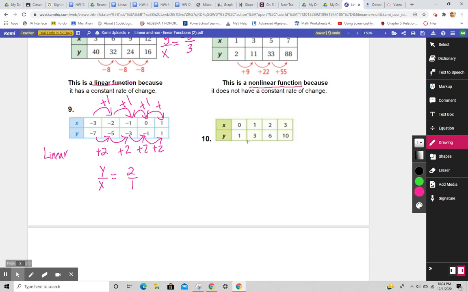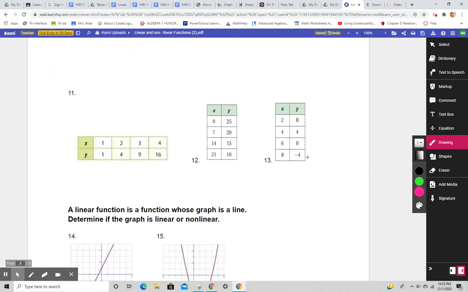Okay, let's look at this one here. Add 2, add 3, add 4. Do you see this keeps changing? So this is going to be non-linear. And that's all we have to do right now. Okay, let's keep going.